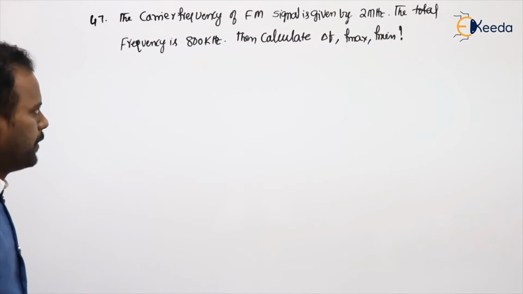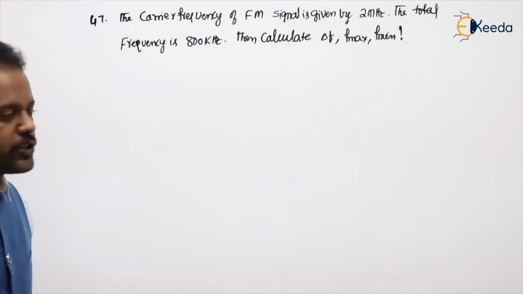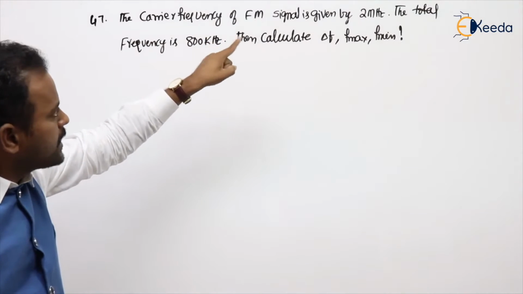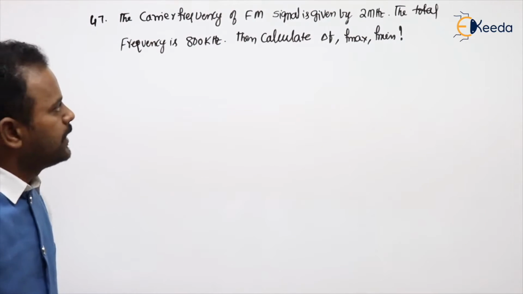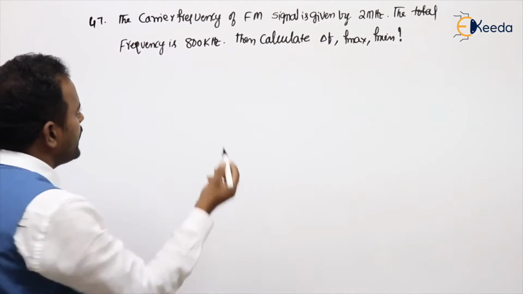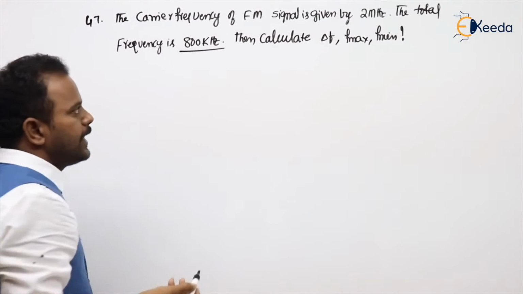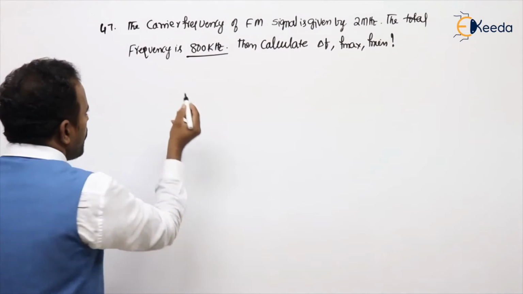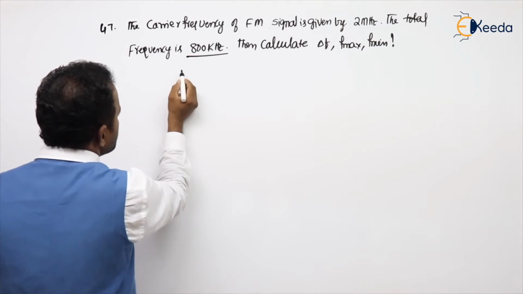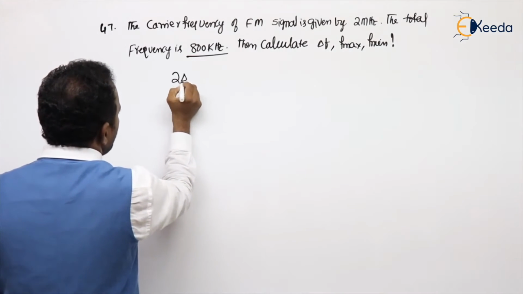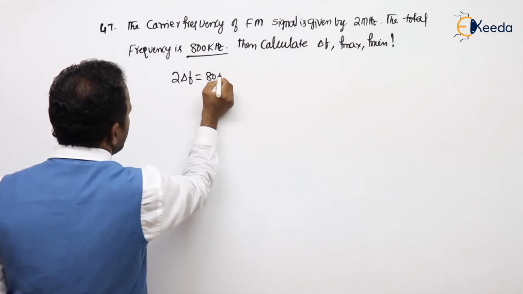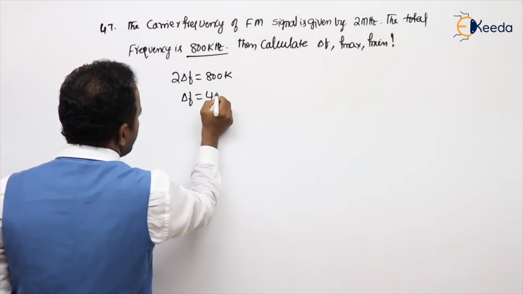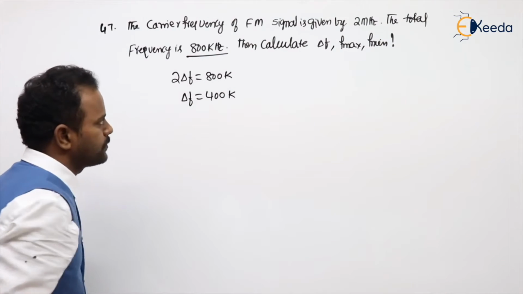One more simple problem. This is also a previous IES examination problem. The carrier frequency of an FM signal is 2 MHz and the total frequency swing is 800 kHz. Calculate delta F, F max, and F minimum. Total frequency swing means 2 delta F is 800 kHz, so delta F is 400 kHz.